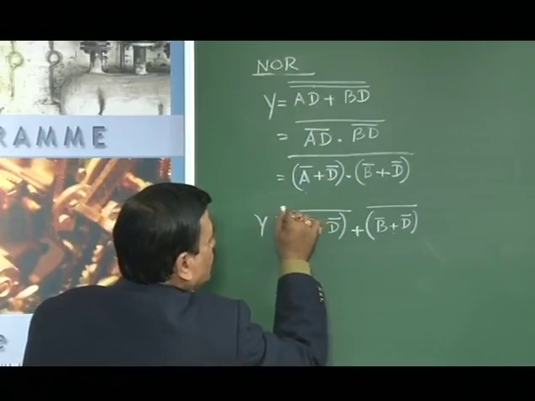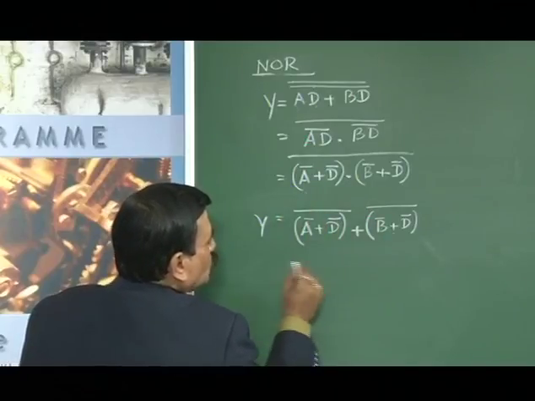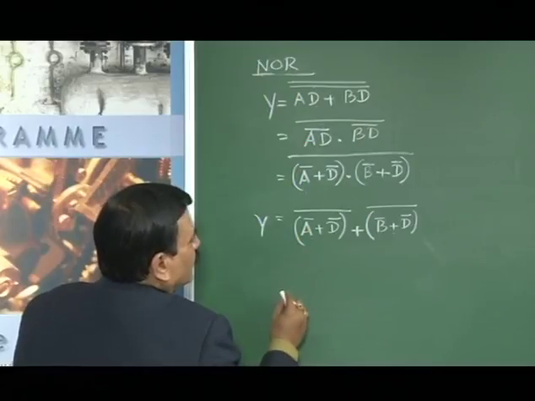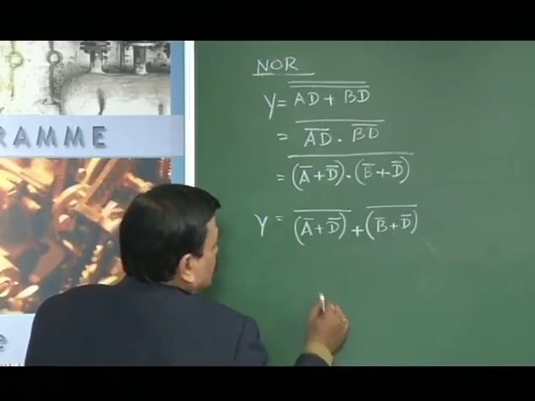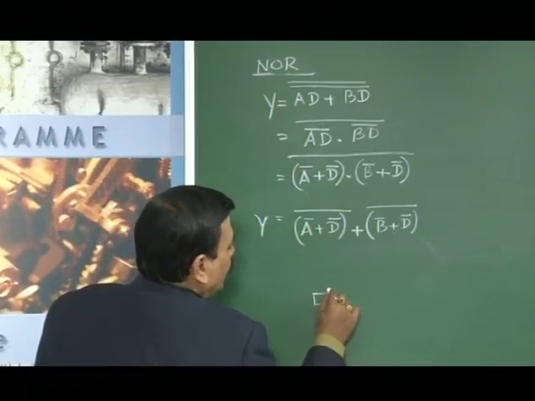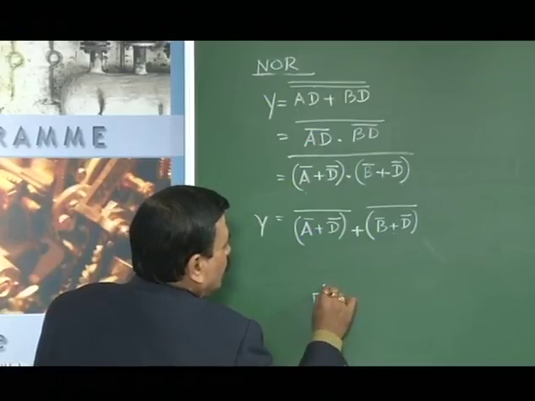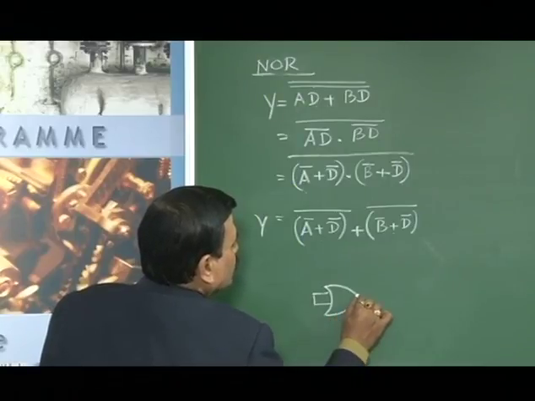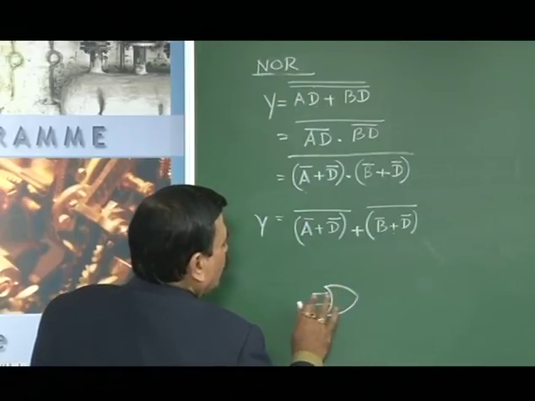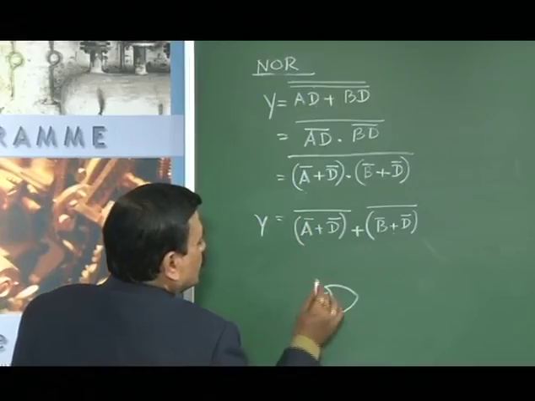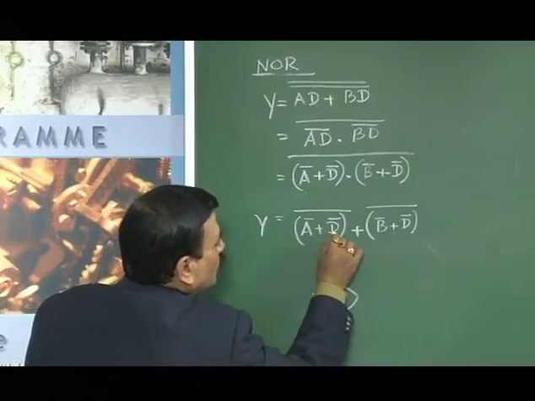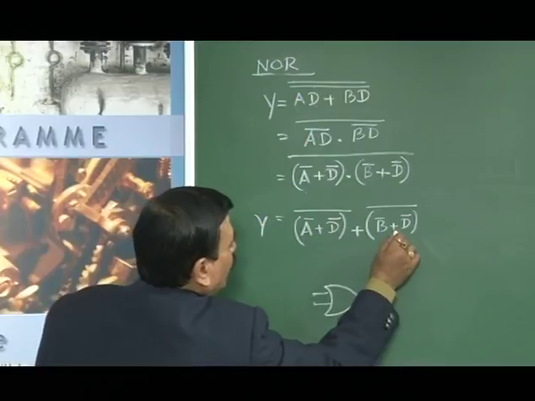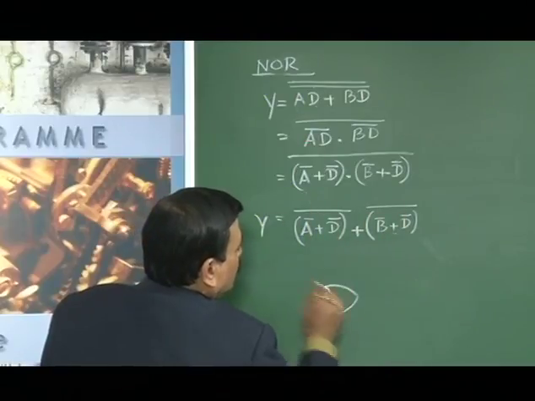Once again our intention is to cancel these two, so let us see whether it is possible like this. One complement we are going to create with the NOR gate. For this NOR gate, first we add this value, then this is going to be added, and after that we write.